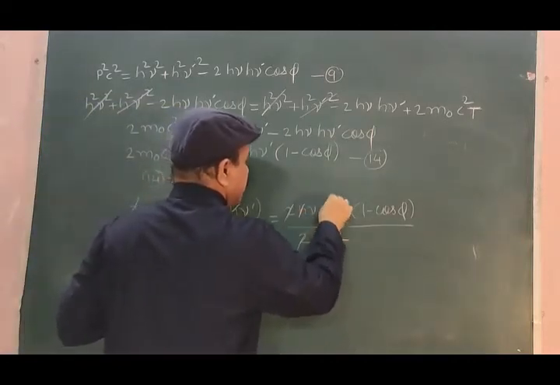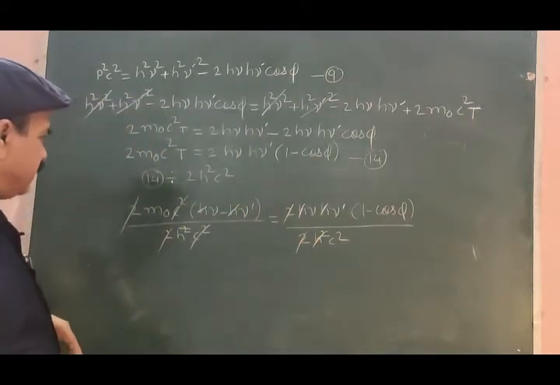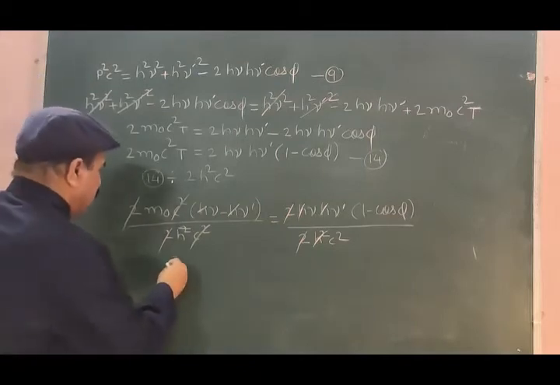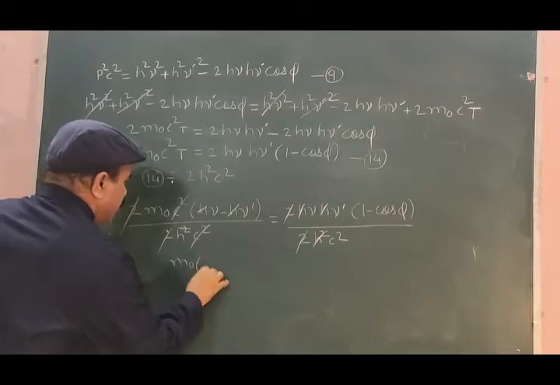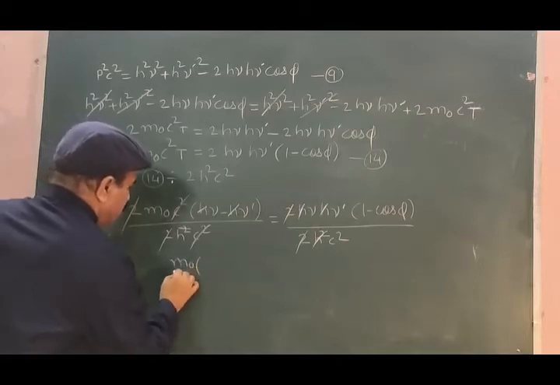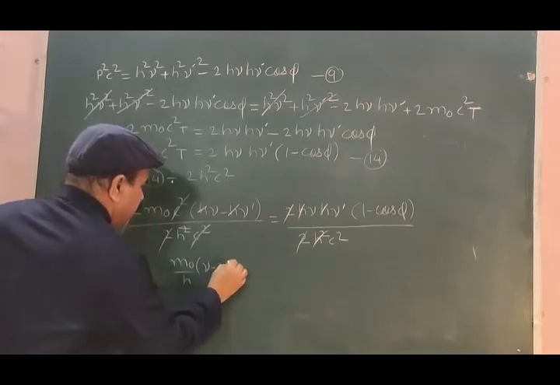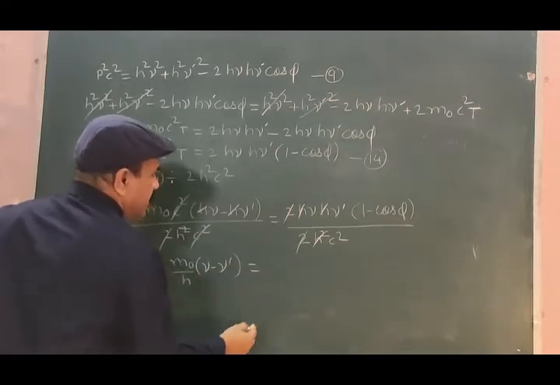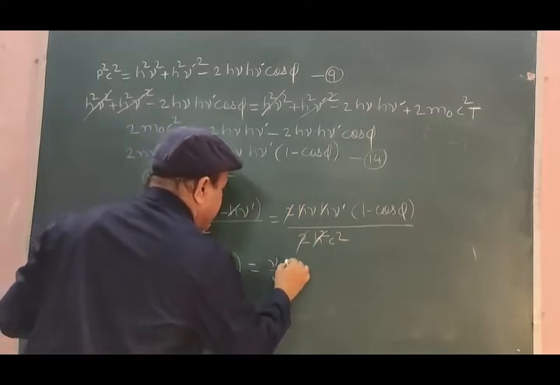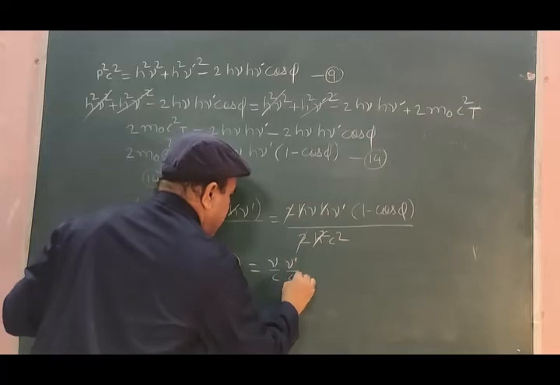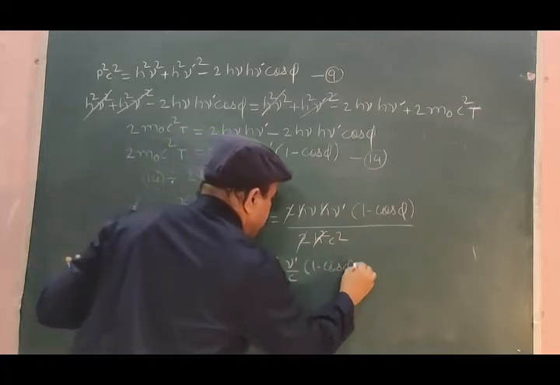This h into this h gets cancelled with this h square. And what terms are left are m0 by h into nu minus nu dash is equal to nu by c into nu dash by c into 1 minus cos phi.